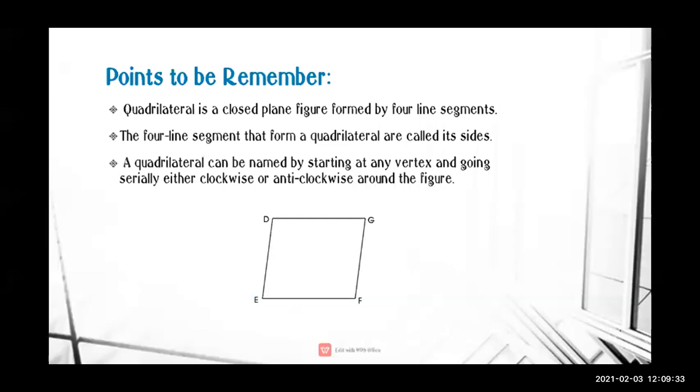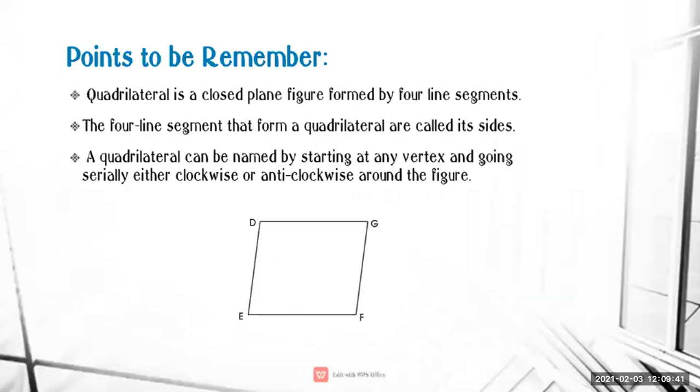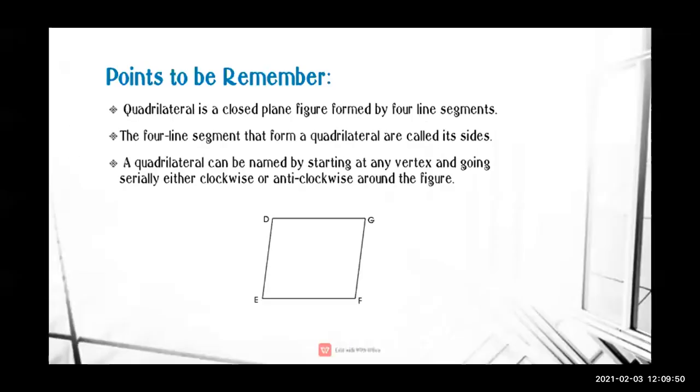Now, can you tell me how many sides are there in a quadrilateral? Very good. There are four sides in a quadrilateral. And how many angles are there? Very good.